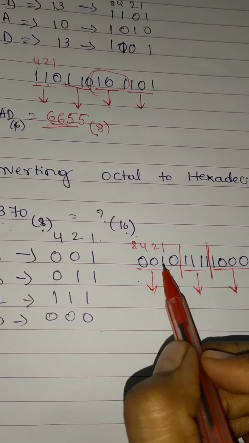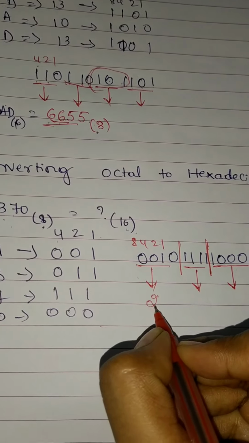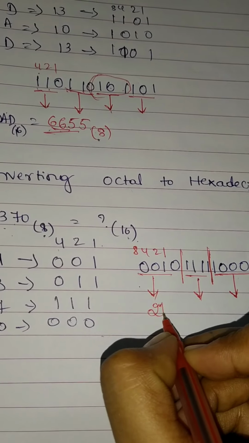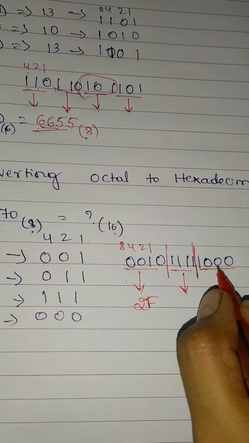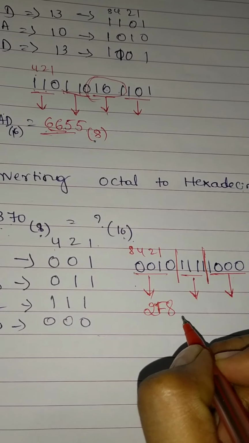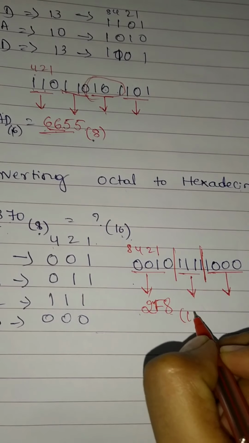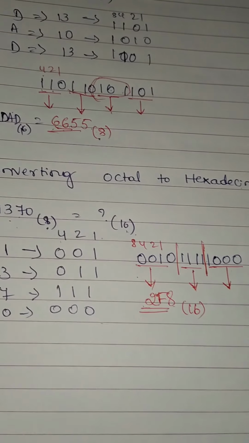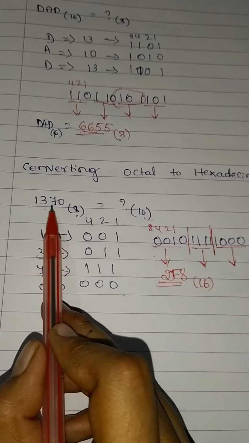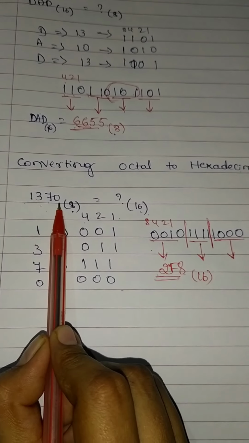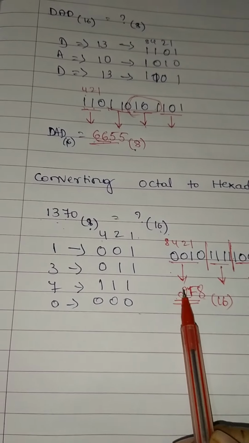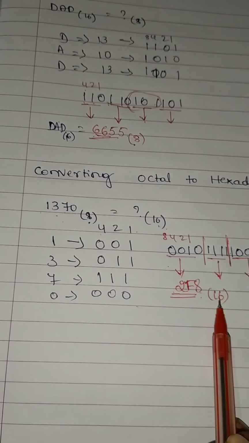So the equivalent of this value is 2, then for this F, and for this 8. So 2F8 of base 16. The equivalent value of 1370 in hexadecimal format is 2F8 of base 16.